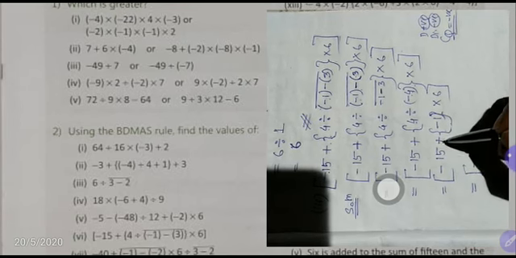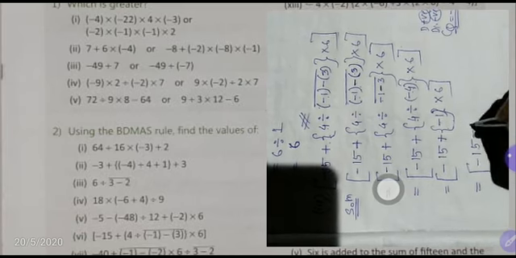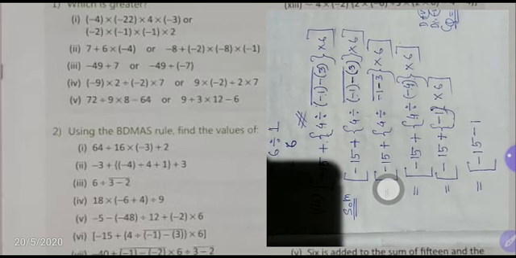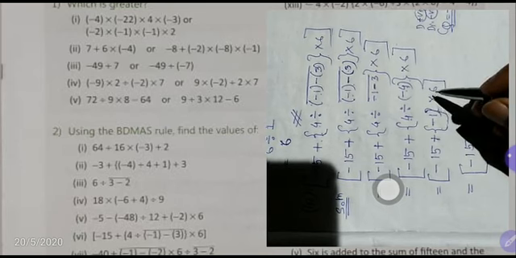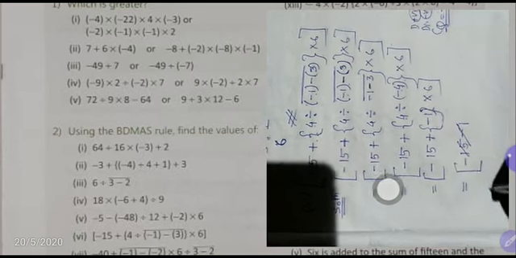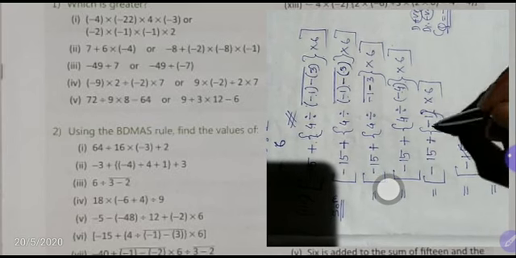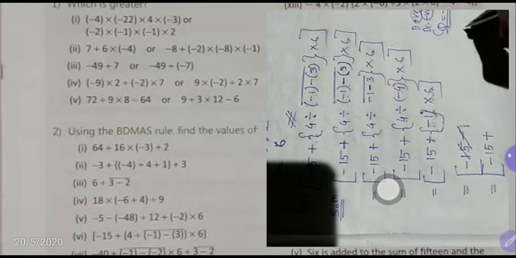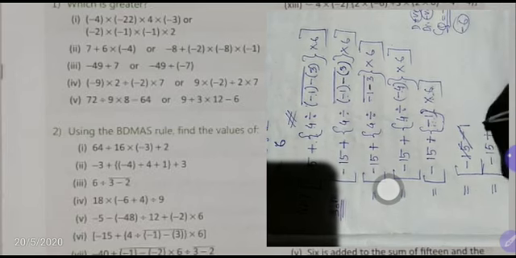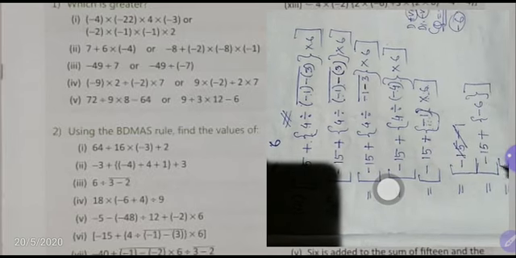But before doing that, this is positive and multiplication is there, so multiplication we have to do first. Minus 15 plus minus 1 into 6, this multiplication we have to do first. Minus 1 into 6, this one will be what? Minus 6.